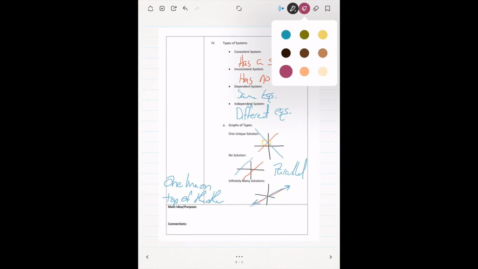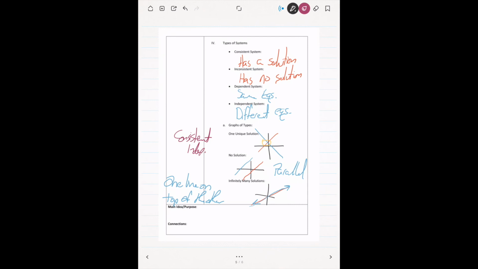So in this problem down here, I'm going to use purple, and let's try and label some of these. For this first one, the one unique solution, this is consistent because it has a solution, and it is going to be independent. I'll abbreviate that. It's going to be independent because clearly the lines are different.